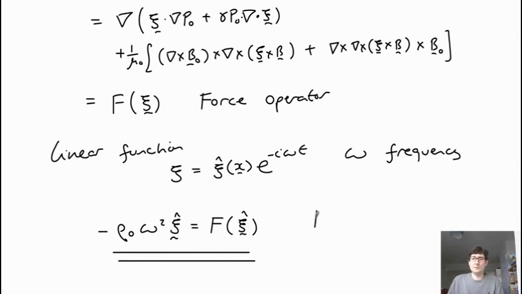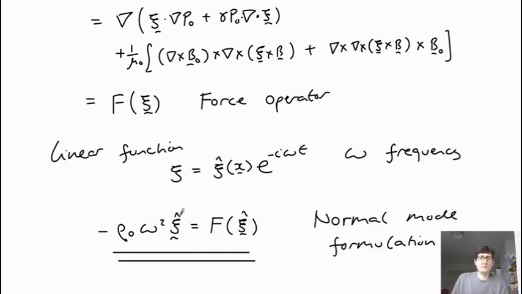This is the normal mode formulation of ideal MHD. So this is a simple way of condensing all these ideal MHD equations into a single equation. We can then use this to analyze properties of linear MHD waves.